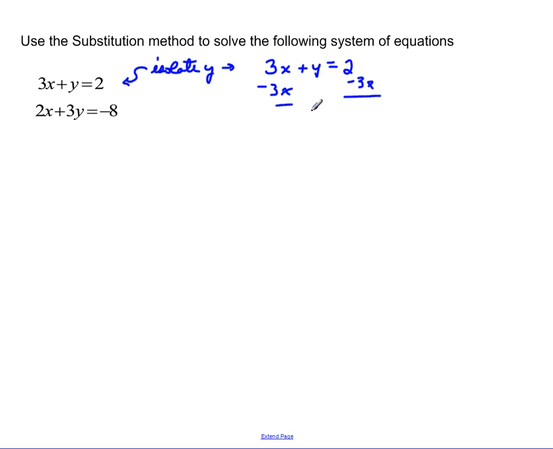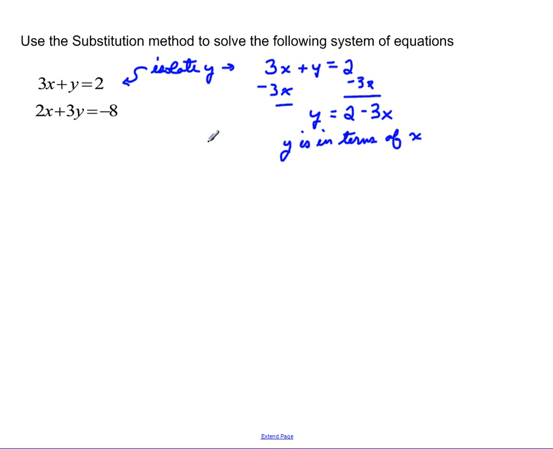And so we're going to come up with an expression that says y is equal to 2 minus 3x, or we could say negative 3x plus 2. Both are equivalent. And now y is in terms of x. So this is what we wanted.